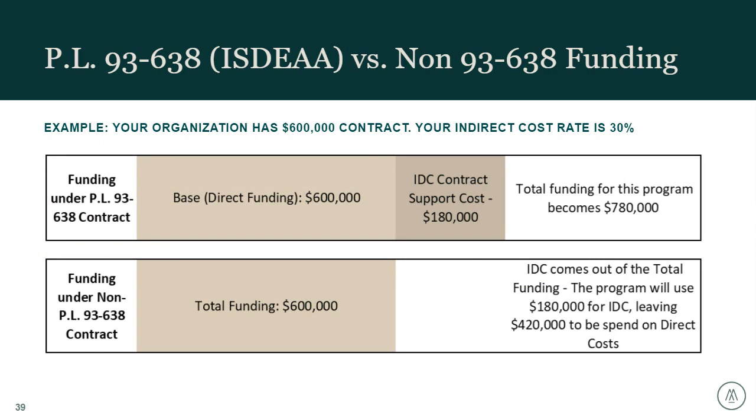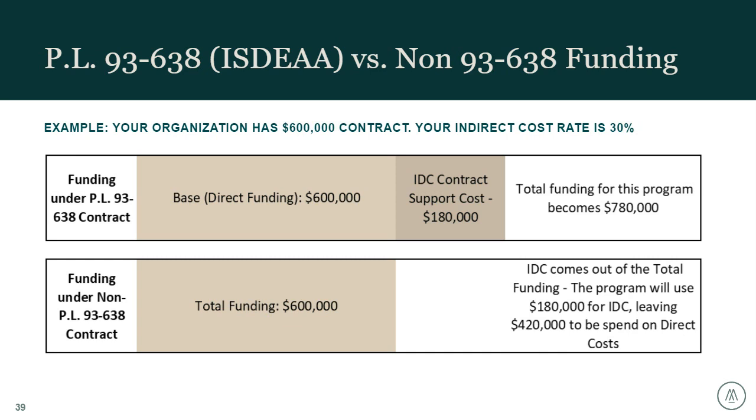In these examples, where we compare 93-638 funding versus non-93-638 funding, we would consider an indirect cost rate of 30%. So let's say your organization is awarded a $600,000 federal contract.